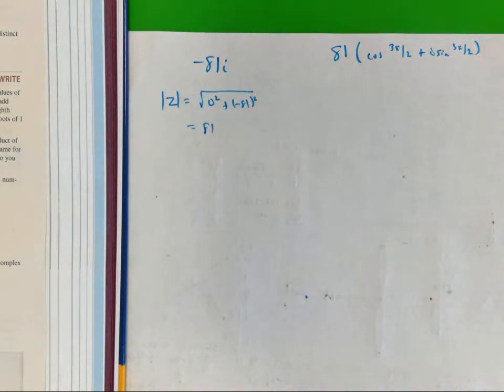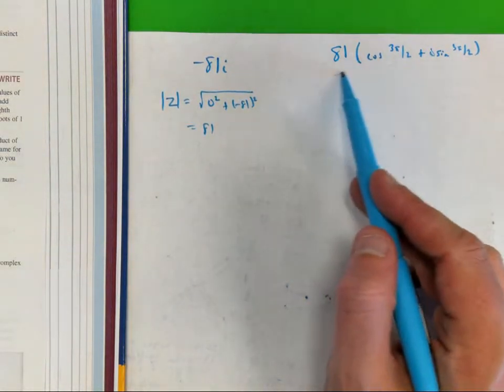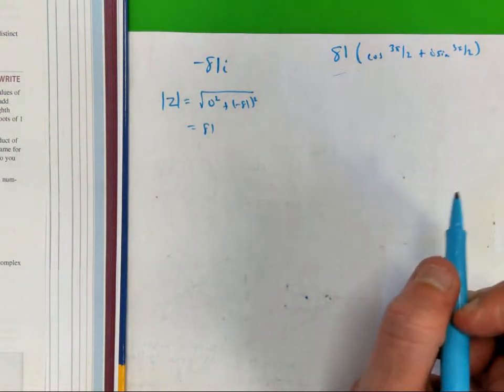We're finding the fourth roots of negative 81i. This is number 79. Now, does everyone understand how I got this right here? Okay.